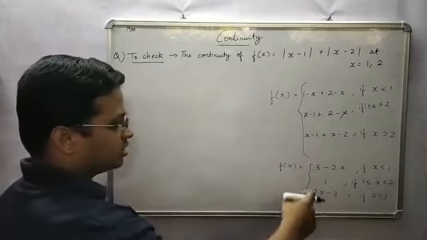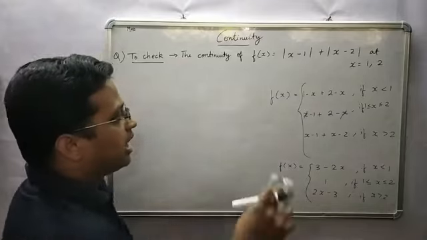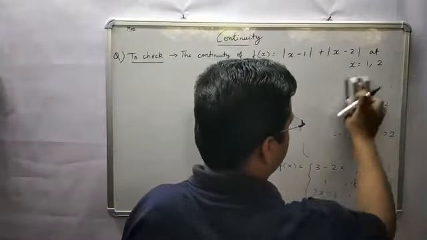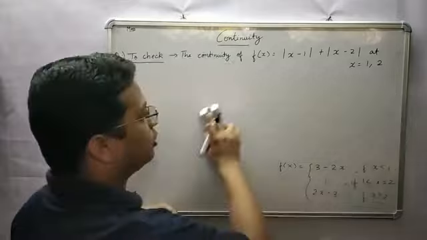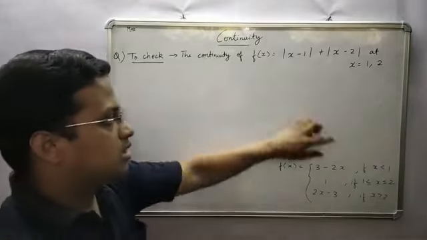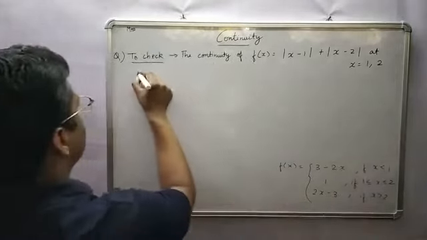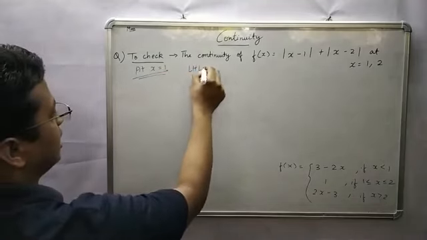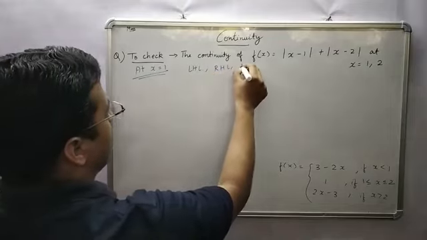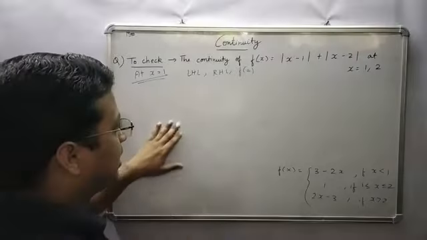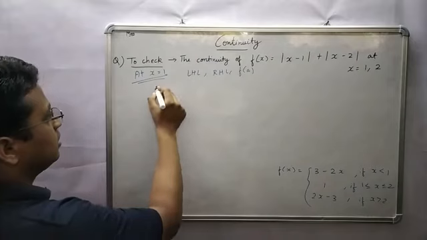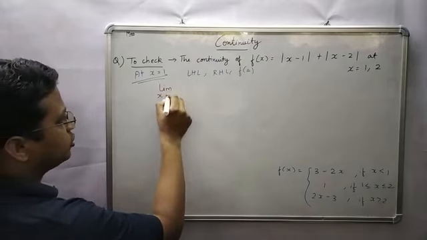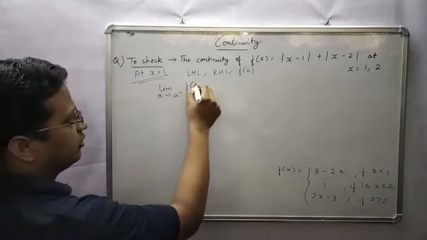So instead of this function we will be using this one, and we have to check the continuity at x is equal to 1 and 2. So let us first start with x is equal to 1. First of all, we have to find LHL, RHL and f of a. So the LHL will be limit x tends to a minus f of x.